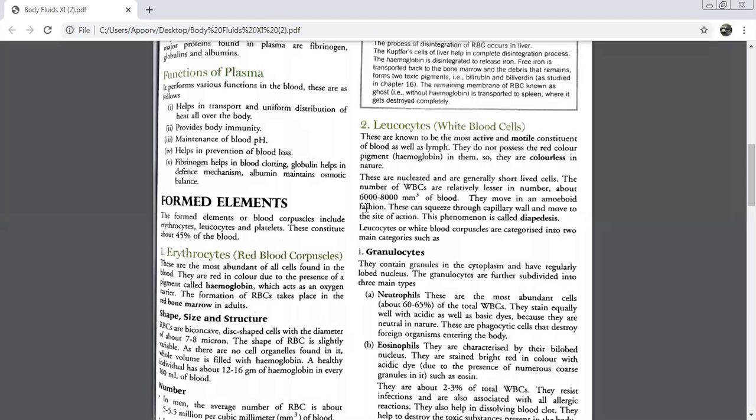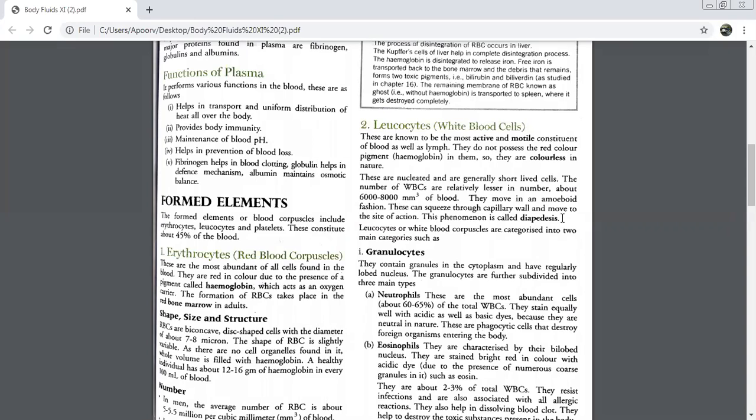It is not 120 days, because this is 13 to 20 days only. That is why we call them short-lived cells. So the average lifespan of a WBC is 13 to 20 days.